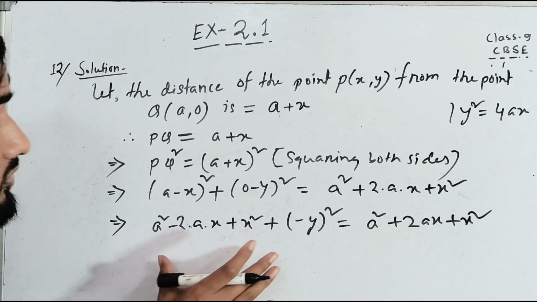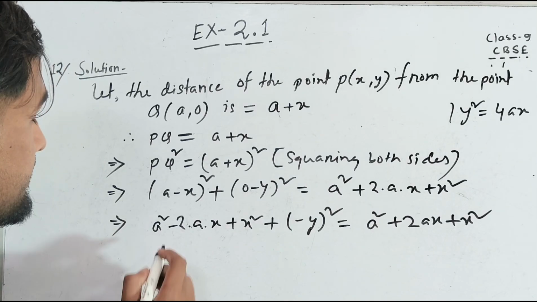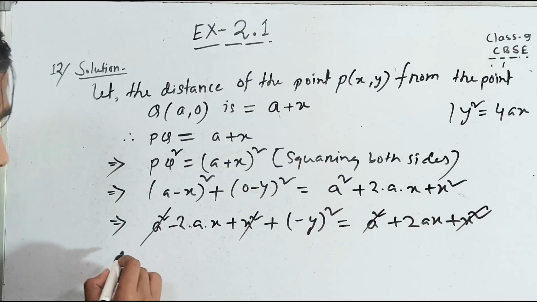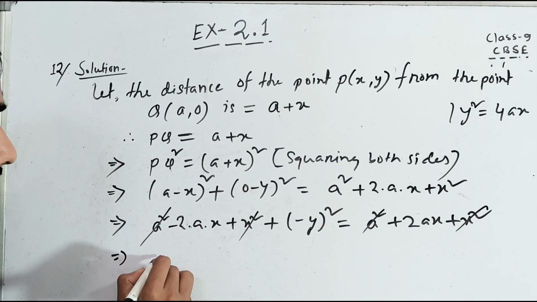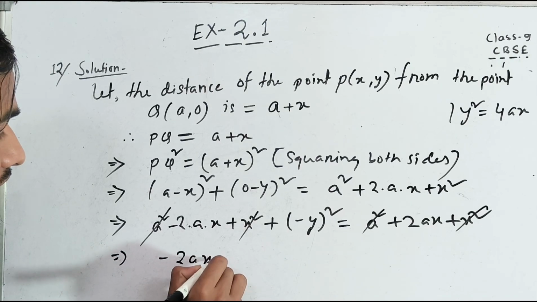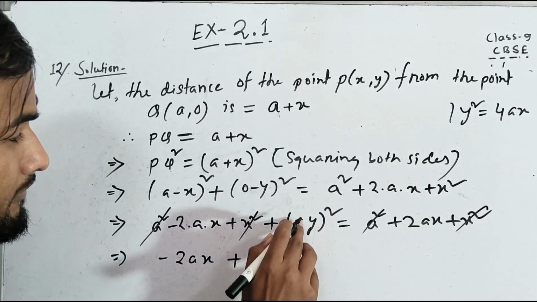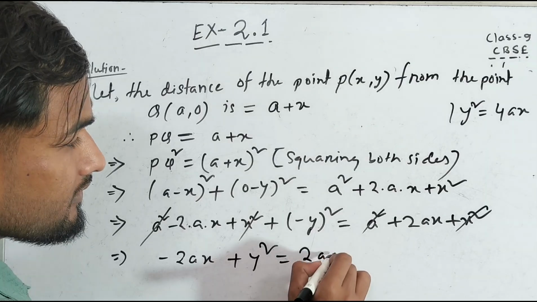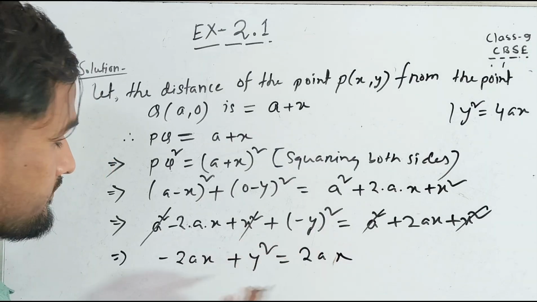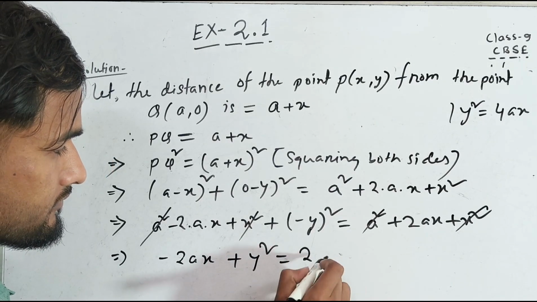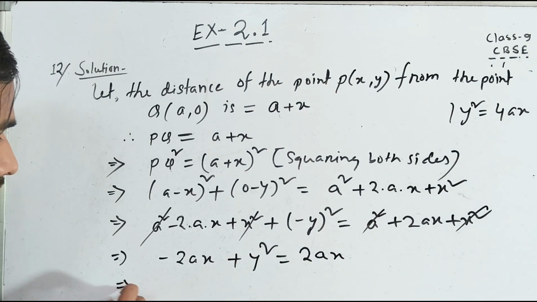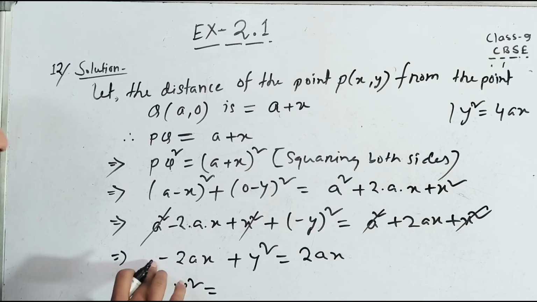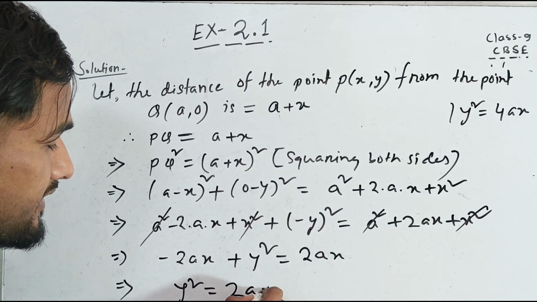Let's cancel out equal parts from both sides. A square and x square will be cancelled, and the remaining parts are minus 2ax and plus 2ax. Let's keep y square at the left side and minus 2ax at the right side.